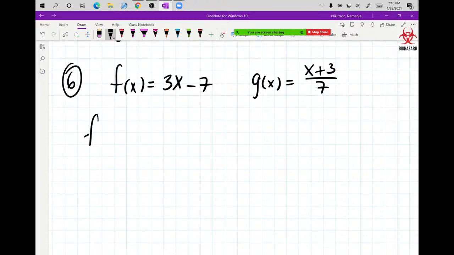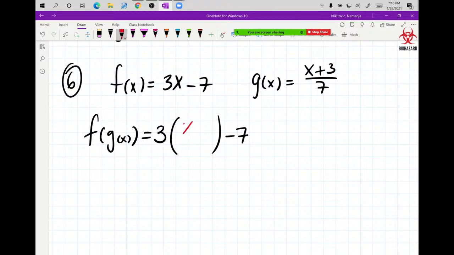So obviously function composition will always be faster, because we don't know how many algebraic steps we're going to have to take to solve for that inverse. Function composition should always be like one line and you're done. So 3, stick in g, minus 7. And g is x plus 3 over 7.